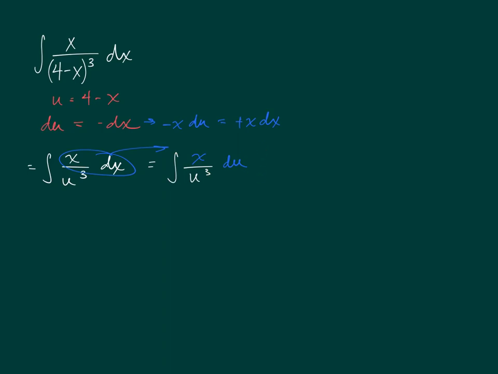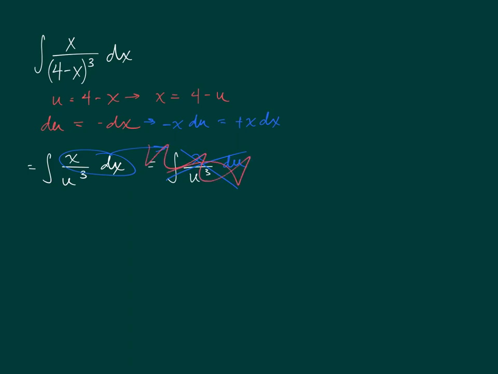We cannot do this. So what are we supposed to do? Well, we have to go back and manipulate this top equation again. We have to solve it for x, which ends up making it x equals 4 minus u. Now what does that accomplish?